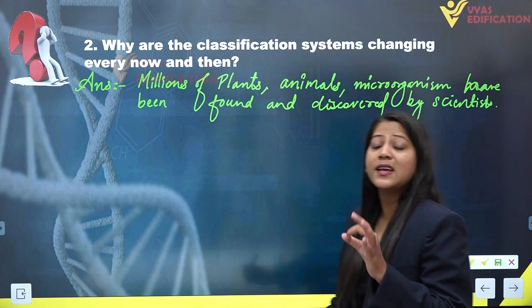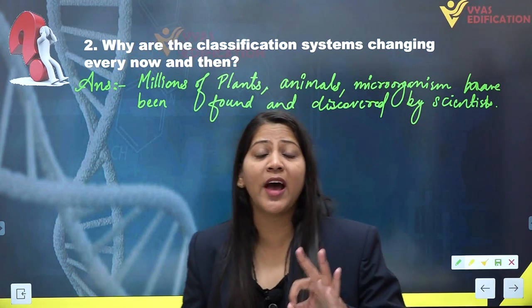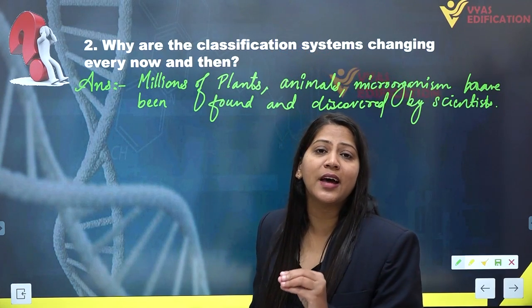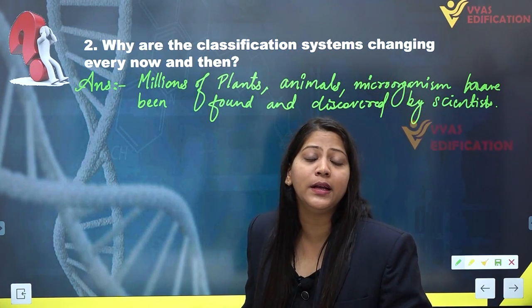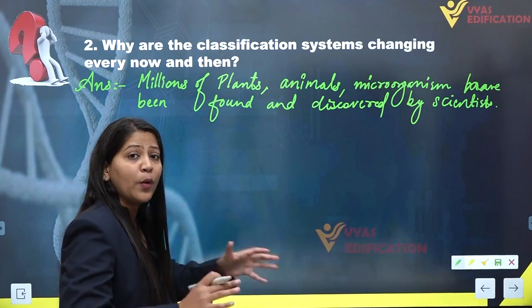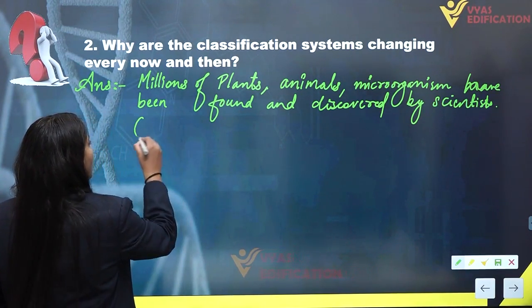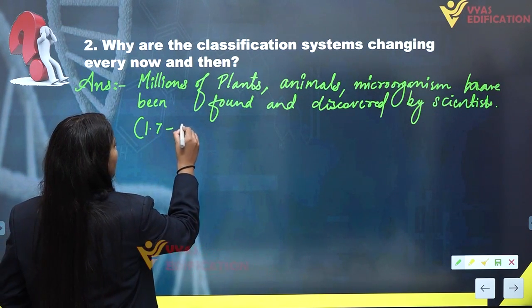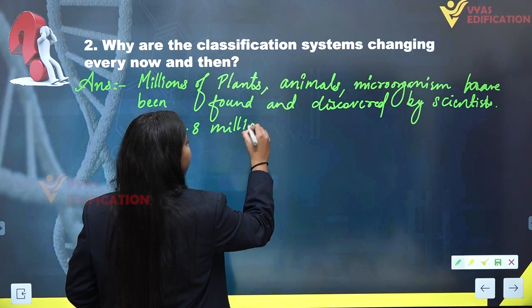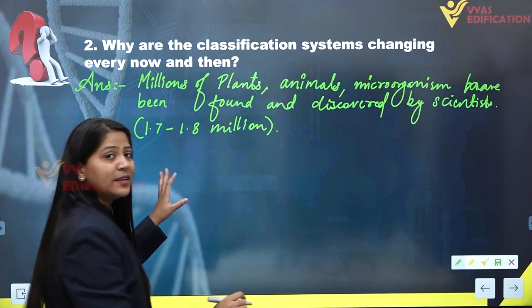And what is the exact documented figure discovered by scientists to date? That is 1.7 to 1.8 million species.